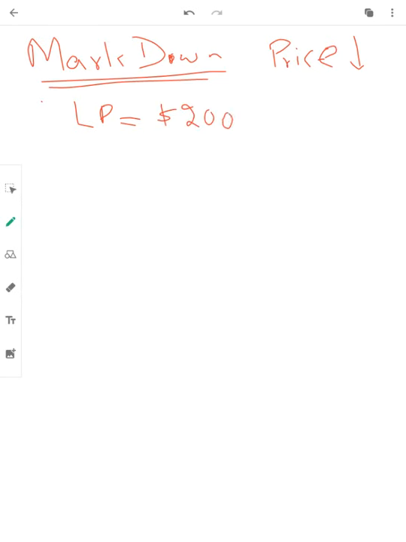And maybe due to competitive reasons or off seasons or whatever the reason is, I have decided to decrease the price of the product for a limited time period and decrease it to $190. So you can see that I just decreased the price of the product by $10. And this $10 is called markdown.